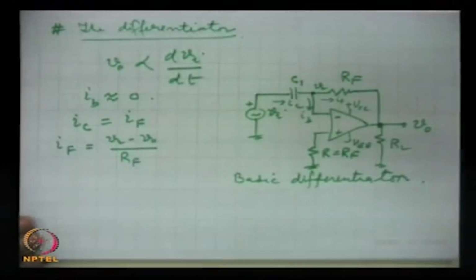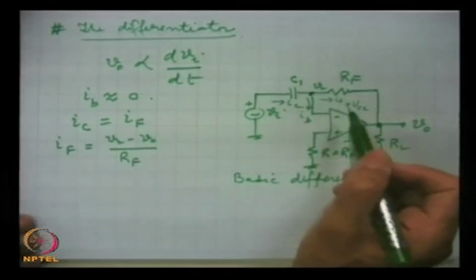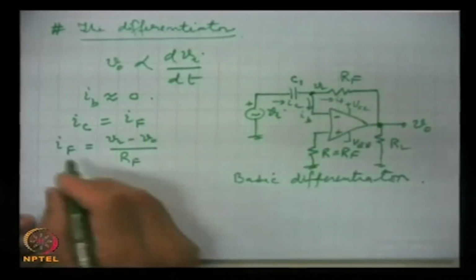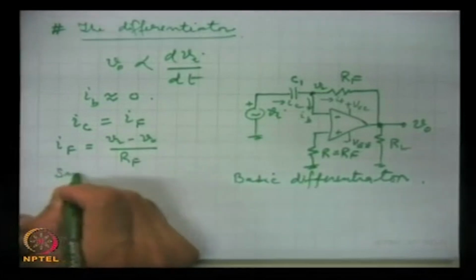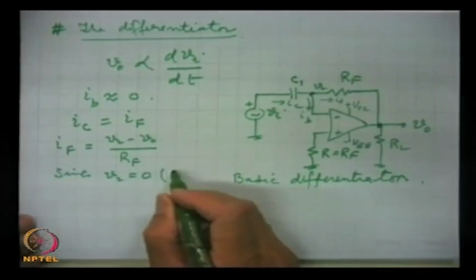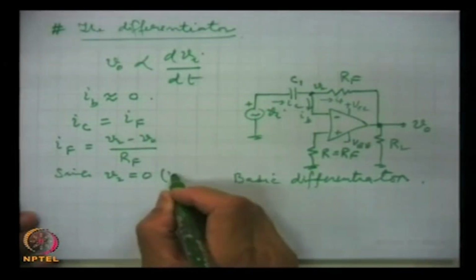But we know that V2, the inverting input, is at virtual ground potential. So, since V2 is 0, virtual ground, everywhere we are seeing the advantages in inverting amplifier, the advantages of virtual ground, because the concept of virtual ground makes the analysis much simpler. So, this is virtual ground.